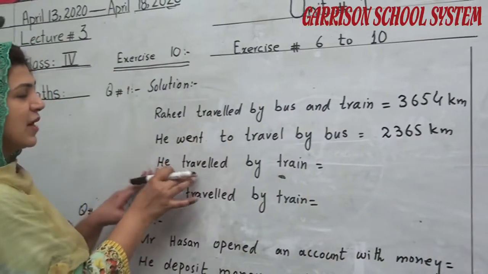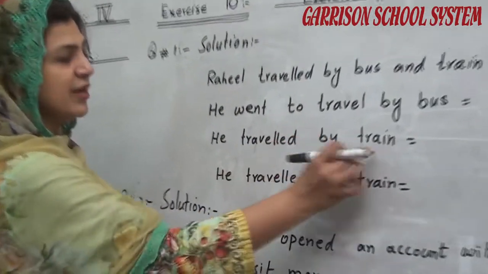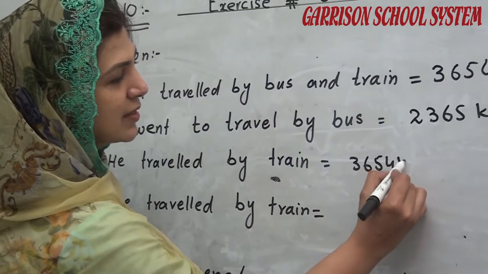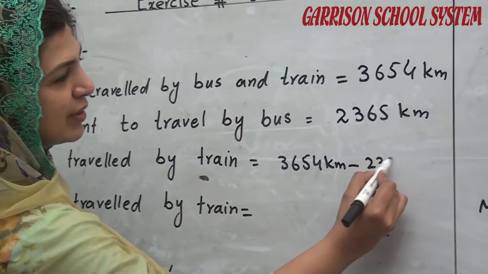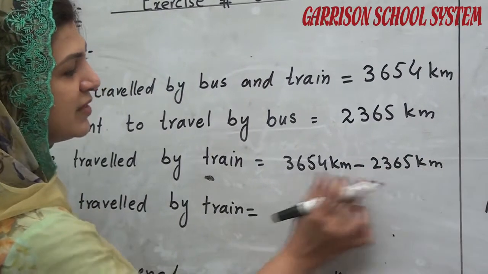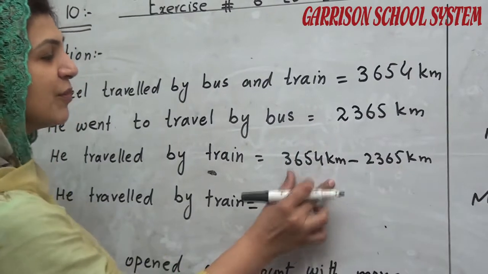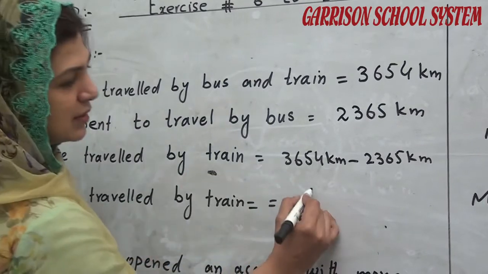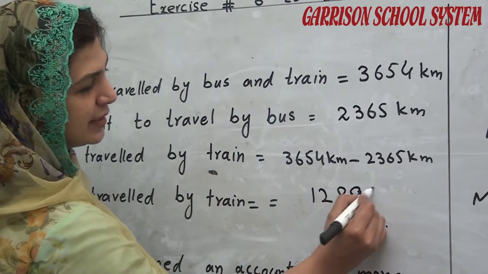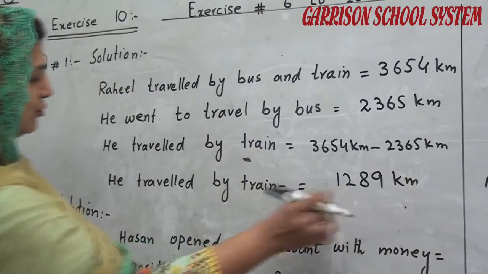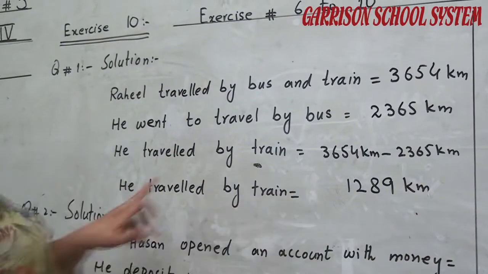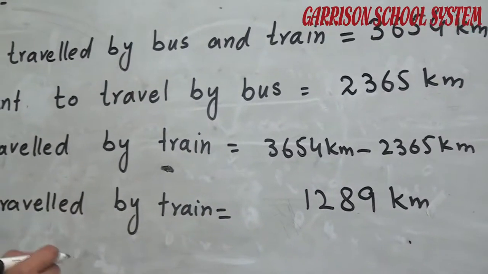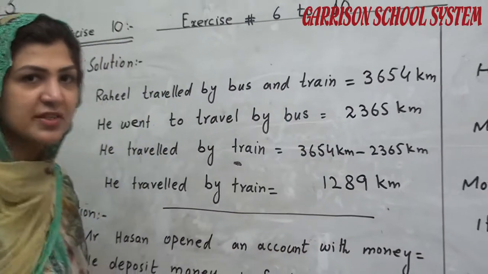So we have to find the distance covered by train. We will subtract 3,654 kilometers minus 2,365 kilometers. When we subtract, we find 1,289 kilometers. So students, we have found he travelled by train 1,289 kilometers. This first question is solved.